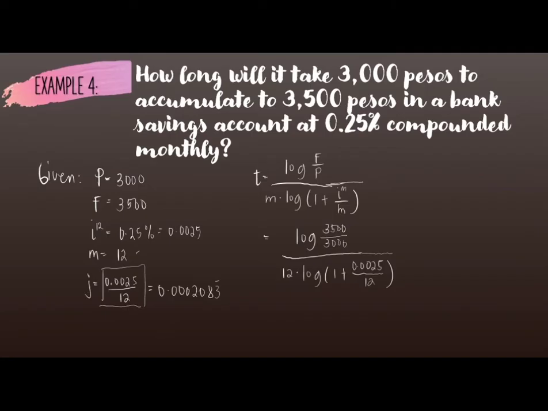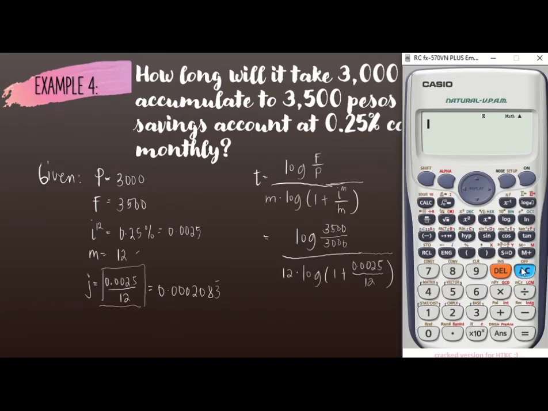Okay, so compute. Input natin sa calcu. Okay, so logarithm of 3,500 over 3,000 all over 12 times logarithm of 1 plus 0.0025 over 12.